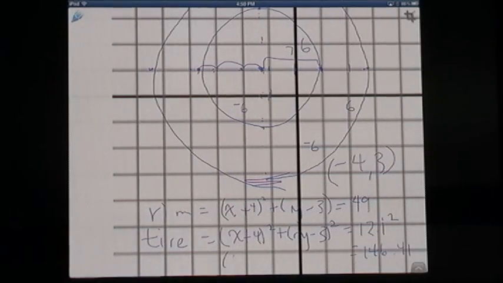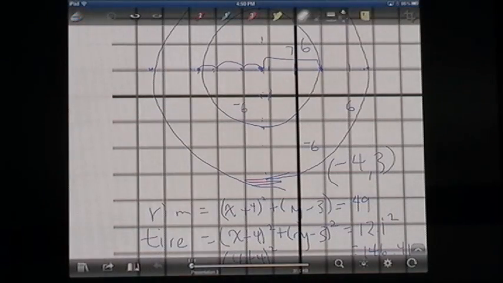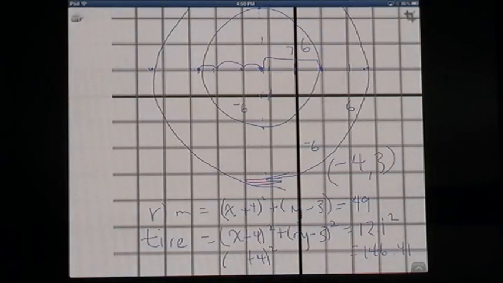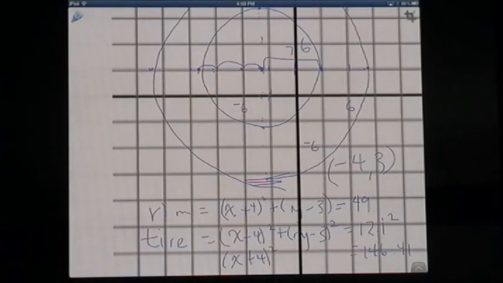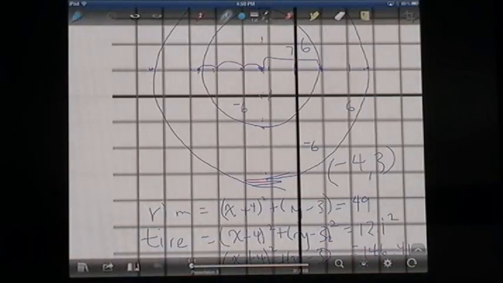And then we have x plus 4 squared. See, I can do it on here at home. Okay, so we've got x plus 4 squared plus y minus 3 squared equals 146.41. Okay, and that should get you ready for your quiz.